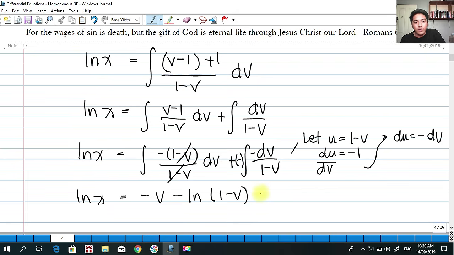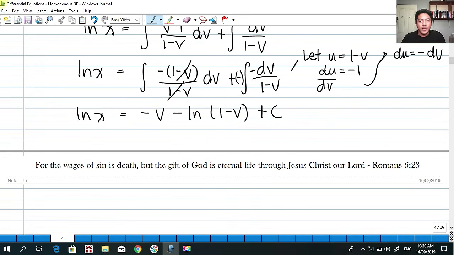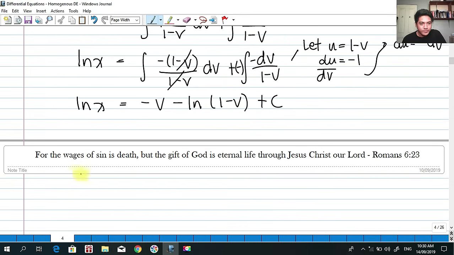Of course, we have the plus c in here. Upon simplification, we have ln of x plus v plus ln of 1 minus v is equal to c. That is equal to c.